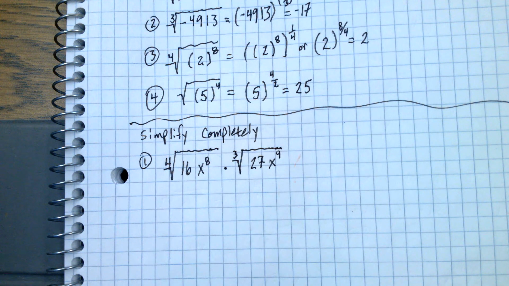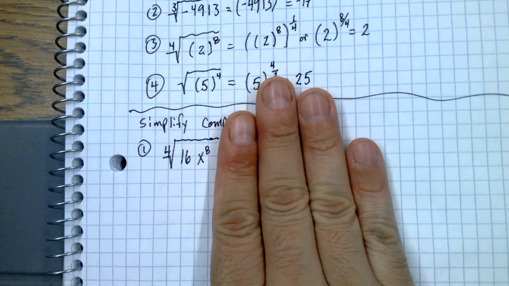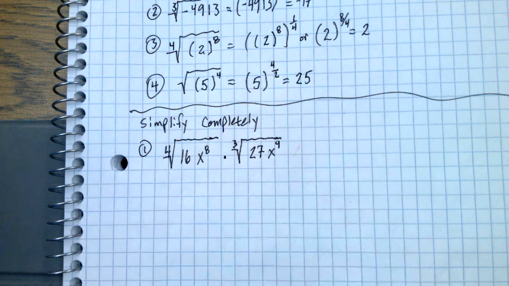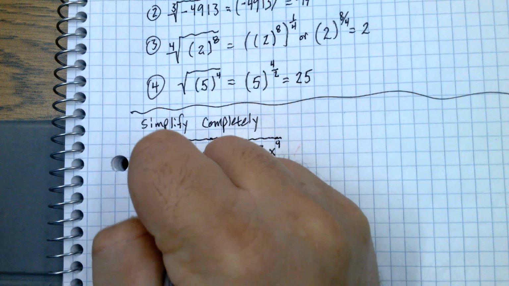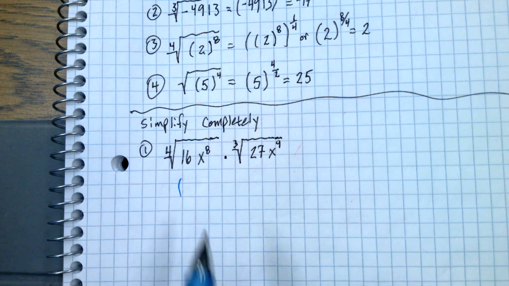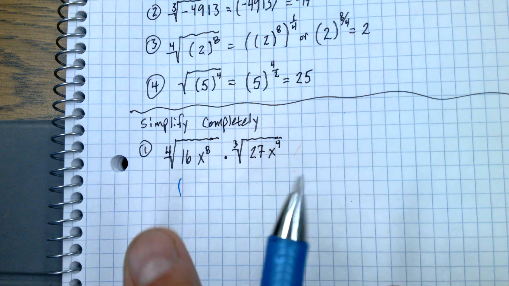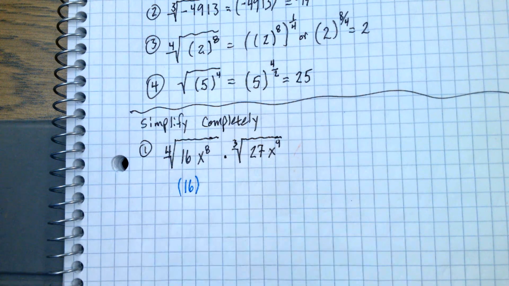So the first thing we're going to do is get this out of the radicals. Go ahead and write it down. We're just going to take this first one, the fourth root of 16x to the 8th. I'm going to write this without the radical symbol. So if I have the fourth root of 16, it's going to be 16 to the what power?